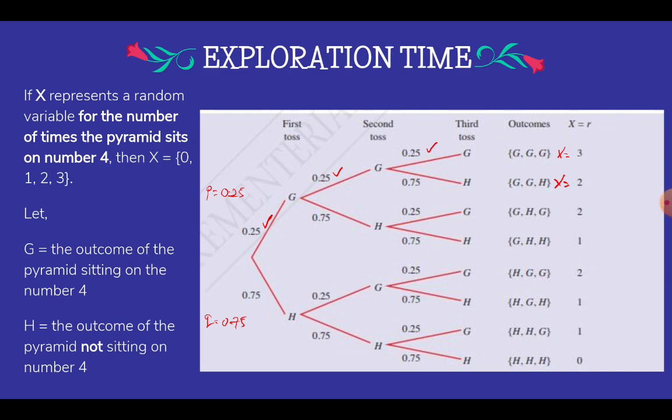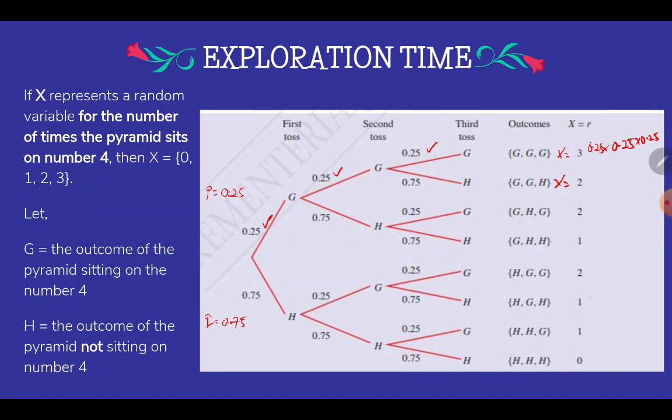In probability, we've learned that to find the probability of, say, GGG, the probability of getting all number 4 is 0.25 times 0.25 times 0.25. The same goes for HGH, which means we've got only one number 4.